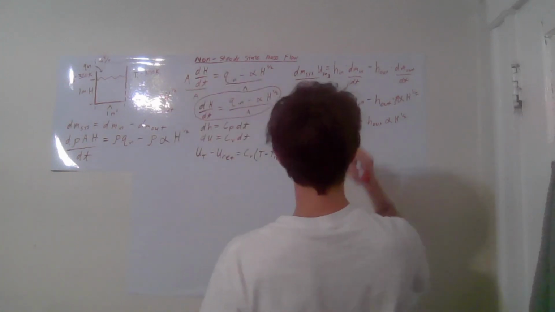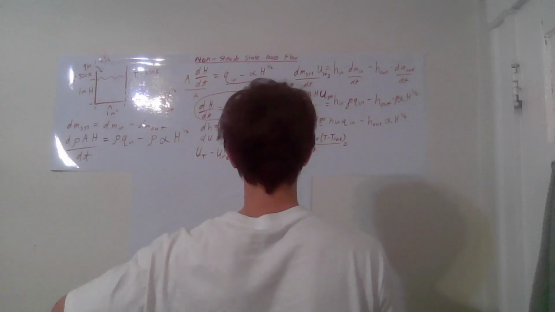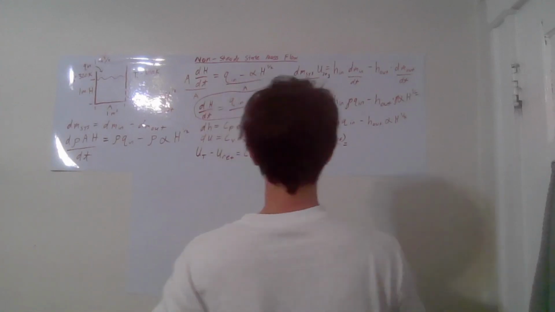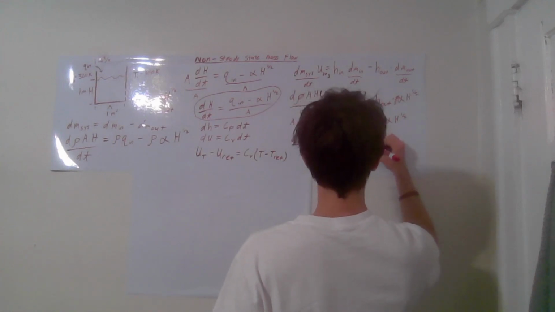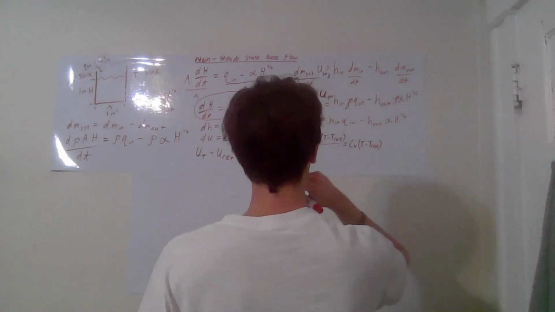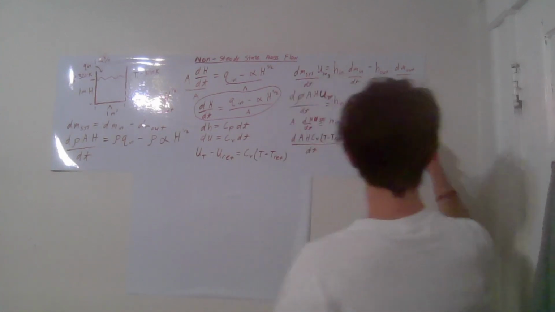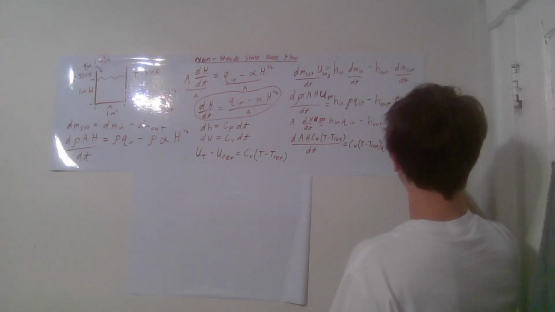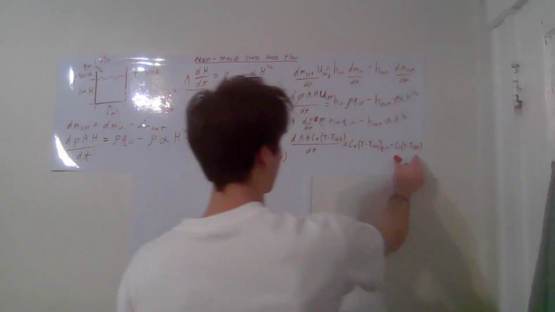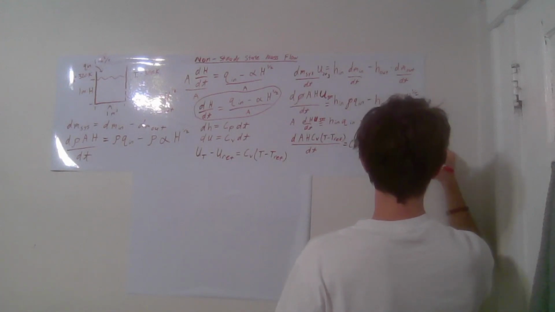And now we replace our enthalpies. And so we're going to say that the enthalpies are going to be replaced also by CV times T minus T reference, and then include our flow going in minus our specific, or our heat capacity times T minus T reference times, I'll just write it right down here, it's still part of this equation, but it's going to be times our alpha H to the 1/2.